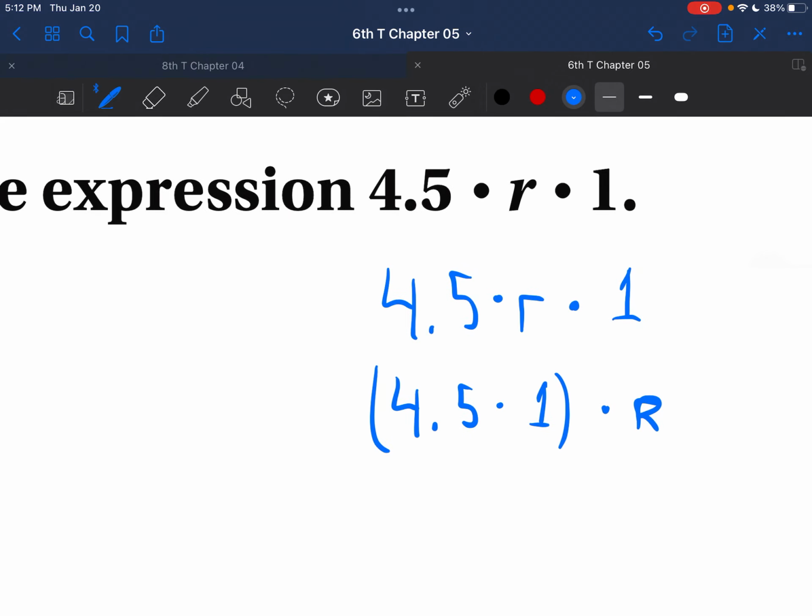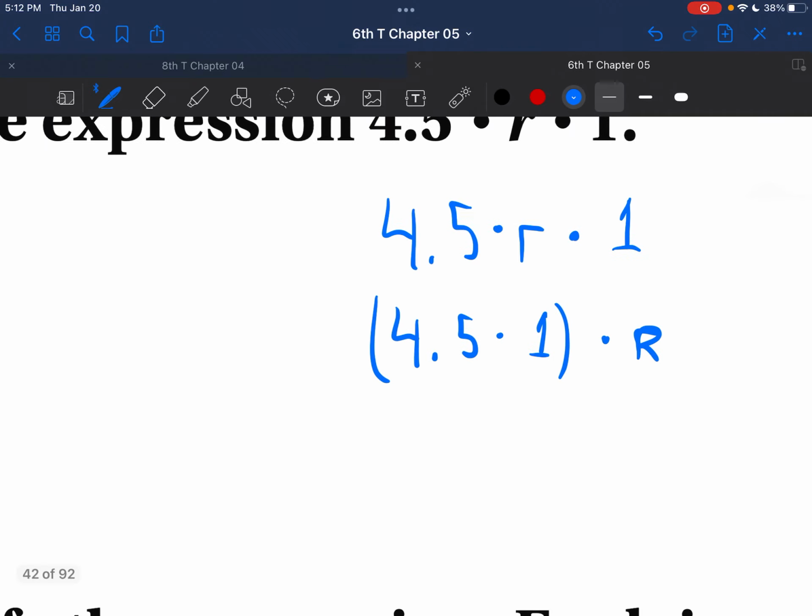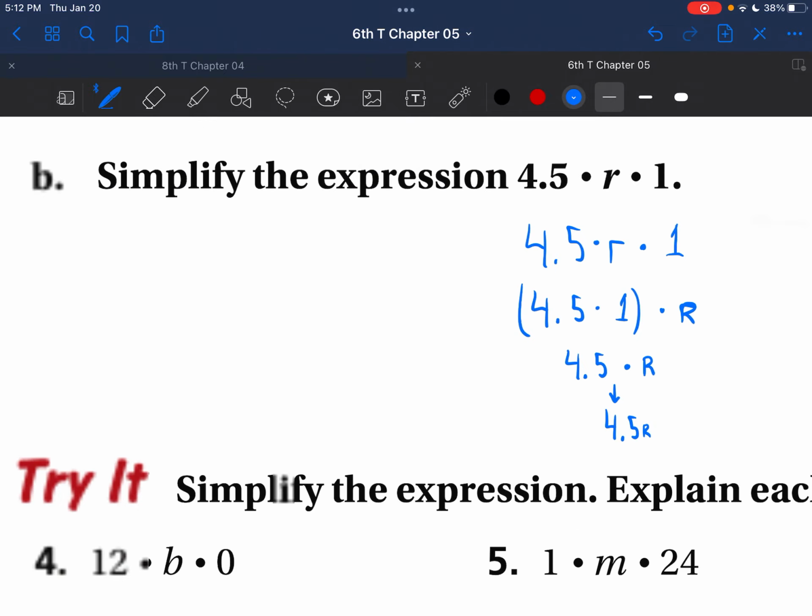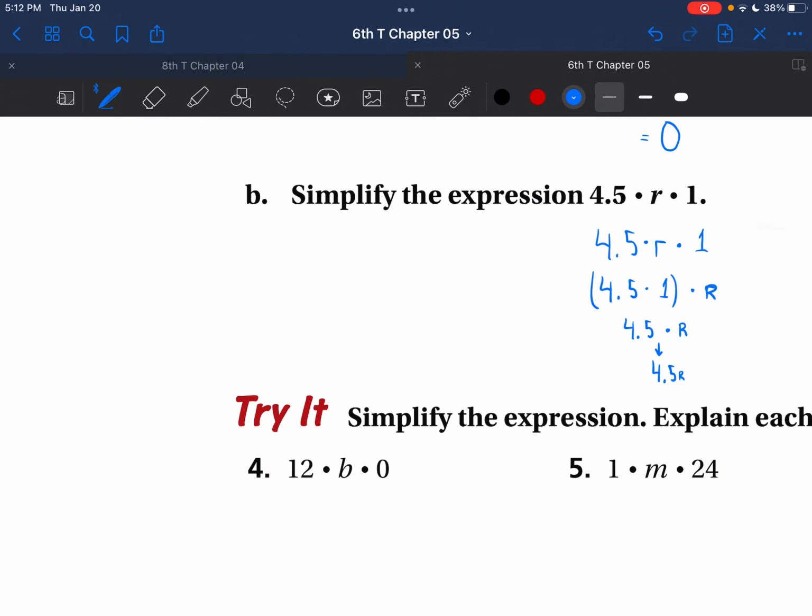Because of the multiplication property of 1, anything multiplied by 1 will just be that number. So 4.5 times 1 is 4.5. 19 times 1 is 19. 20 times 1 is 20. We just need to know that multiplication property. What's left over? 4.5r, or another way to write that would be 4.5 like this, r. Those were the multiplication properties of 0 and 1.